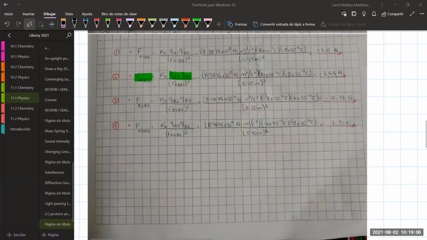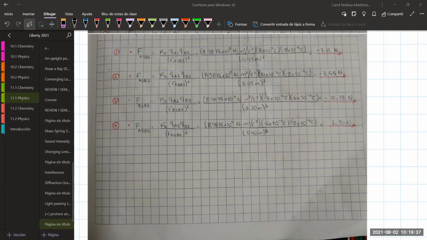So here, the charge of 10, the charge of -8, and the distance of 0.45, and of course, Kc. You apply the formula, and you get this answer. As I told you, it doesn't really matter if you include a sign or not. Here, it doesn't matter. I do it because I know you do it, but it really doesn't matter, okay?